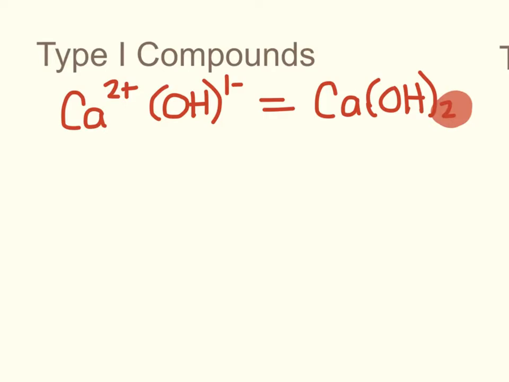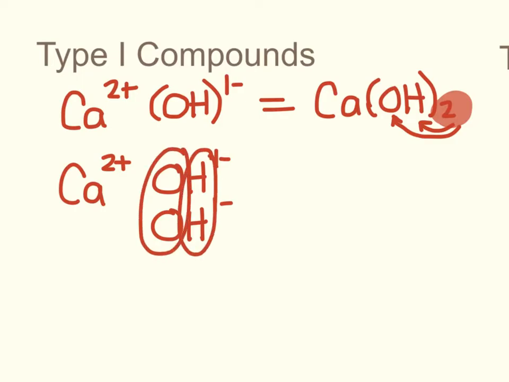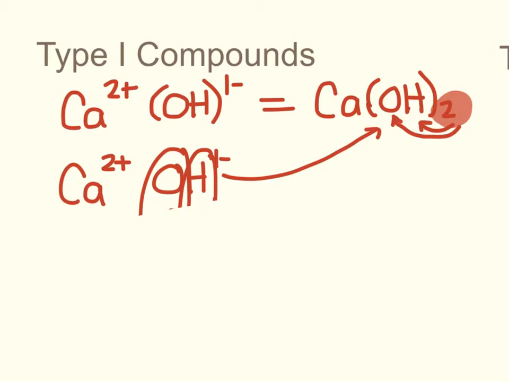What that's telling us is that we have 2 hydrogens and 2 oxygens, which would be the same as if we had said that there's 1 calcium and we needed 2 hydroxide groups to balance out that calcium, we would have had a total of 2 hydrogens and 2 oxygens, which is what we are seeing over there with the Ca(OH)2. I'm just going to get rid of that for a second.